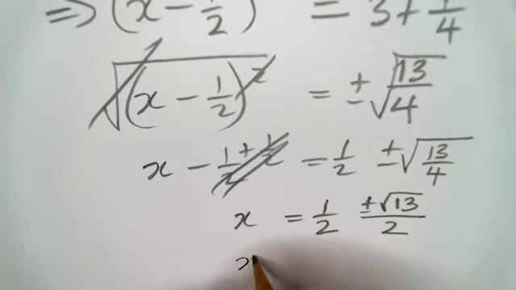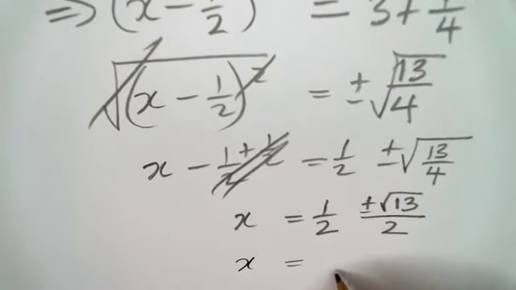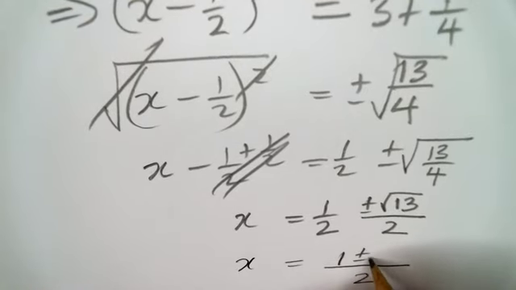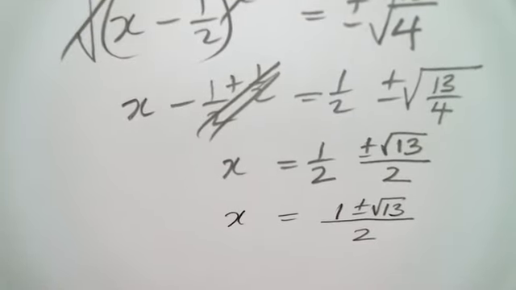So x now equals, and I could actually write one long vinculum, I could put a 2 underneath, so I've got 1 plus or minus root 13 on 2. So that's really the answer.